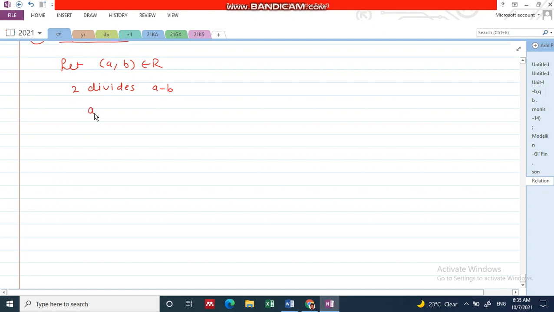When a minus b is divisible by 2, it means that there exists some integer k such that when we divide a minus b by 2, we get the integer k.